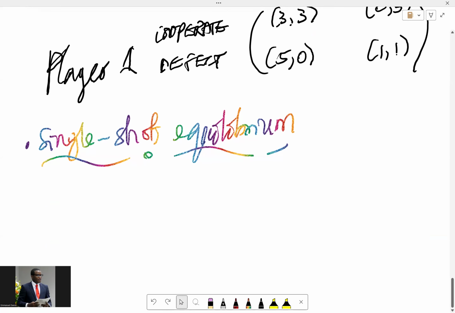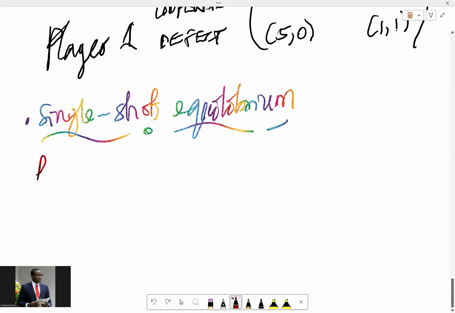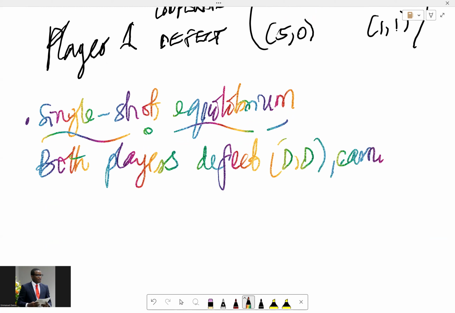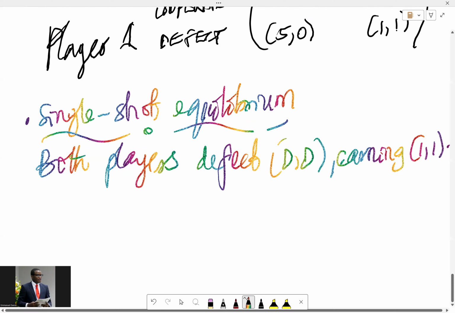Let me just continue with this. So in a single shot equilibrium, both players defect. That's DD, and they both end up with 1-1 each.